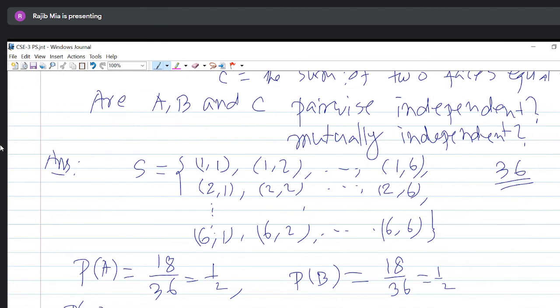None of these are pairwise independent but is mutually independent? No, no. If they are not pairwise independent, then obviously they are not mutually independent.